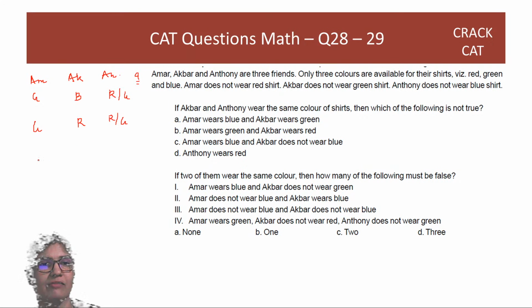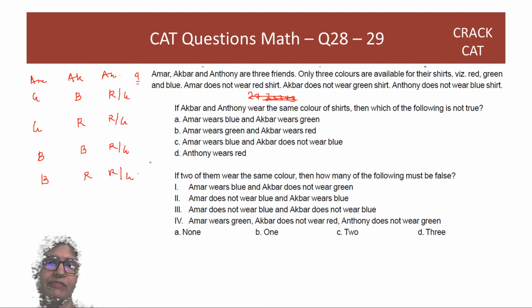Similarly, instead of green, Amar could easily wear blue, in which case Akbar and Anthony have the same options. So totally there are 8 cases. In fact, they're not 9, sorry, they're 27 cases, 3 into 3 into 3. So from 27, you're now left with only 8 cases.